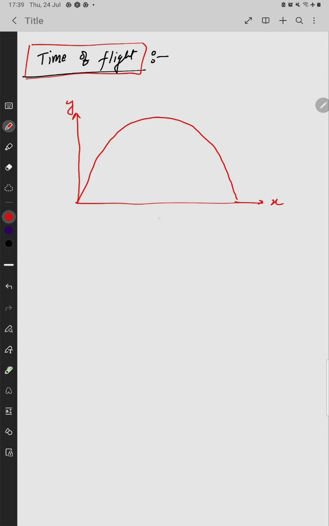If you want to reach from point A to B, whatever time the particle takes is what is called the time of flight.